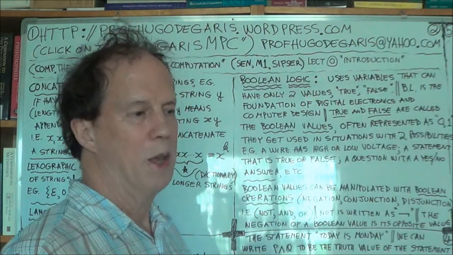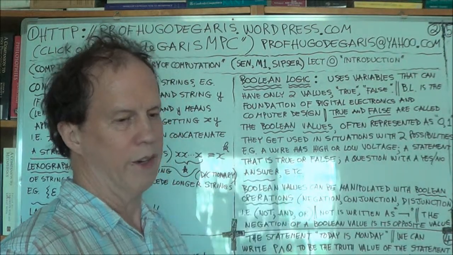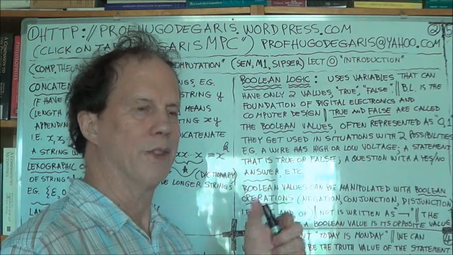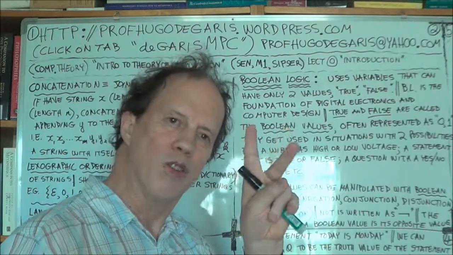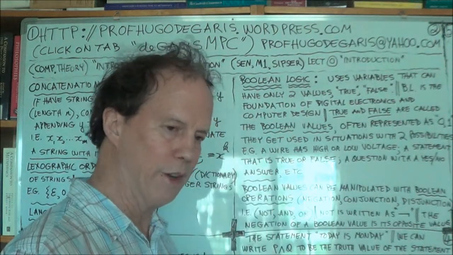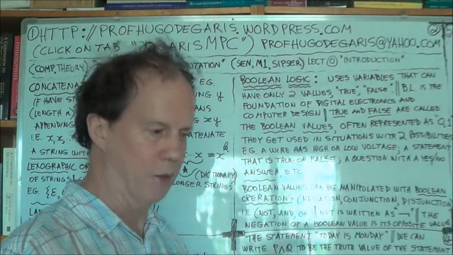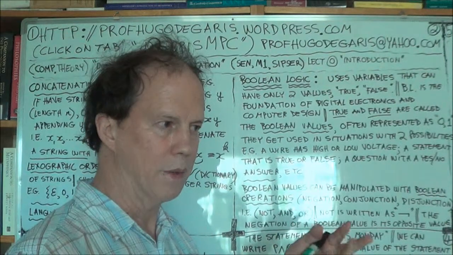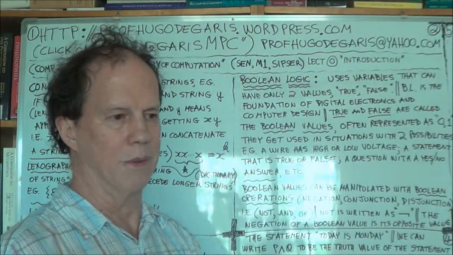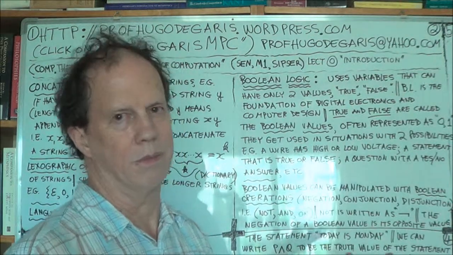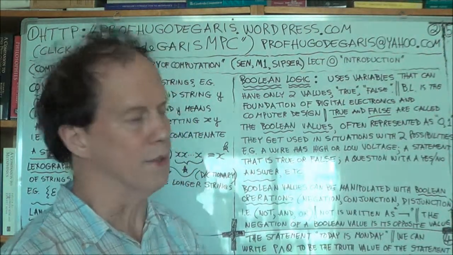If you're just changing one variable, you just reverse it. If it's true and you change it, there's only one other thing it can be, because there are only 2 possible values a Boolean variable can have. It's either true or false, 0 or 1, high voltage or low voltage, or whatever. Two situations, only 2.